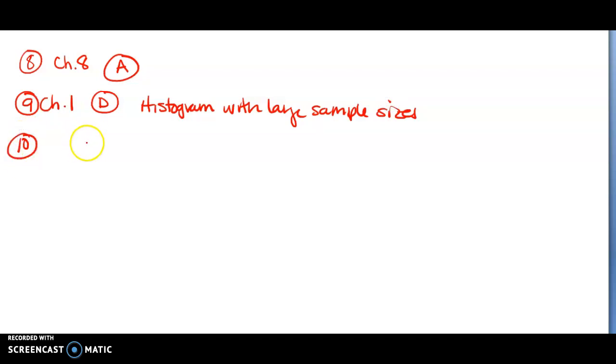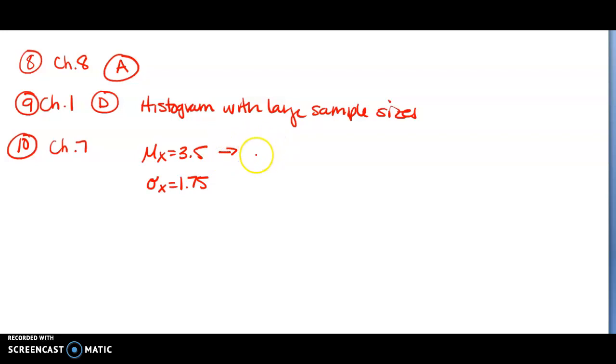Question number 10 is actually from chapter 7. It's about sampling distributions. They give you mu of x is 3.5 and the standard deviation of x is 1.7. And then they tell you that you're rolling your die 100 times.